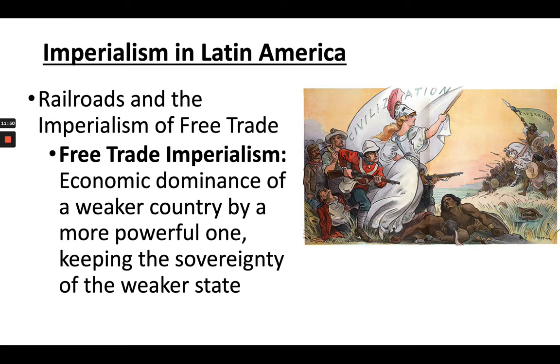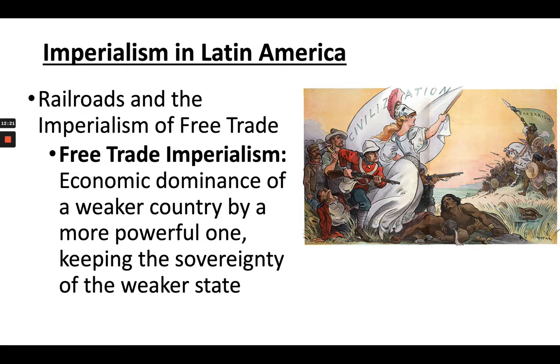They want to preserve their wealth, and they're not interested in really encouraging a nation, a national economy. So, right, these caudillos, these oligarchs. So that means they're going to sell off a lot of the resources of their Latin American countries. So you see free trade imperialism really taking hold in Latin America.